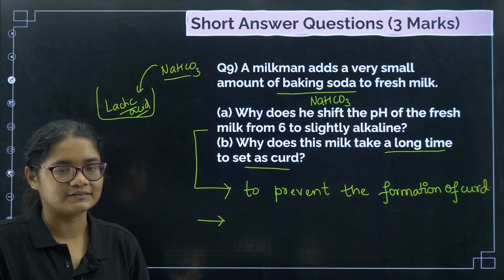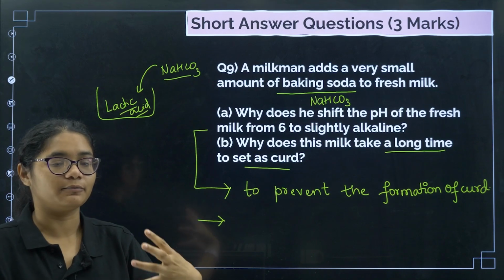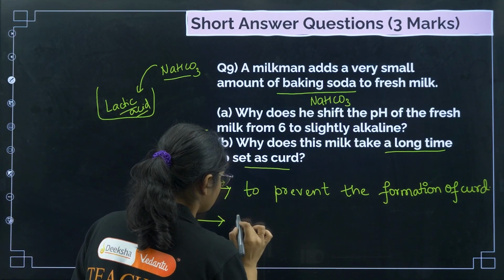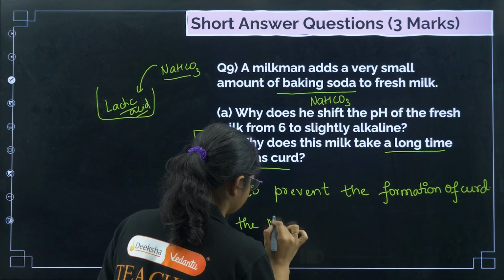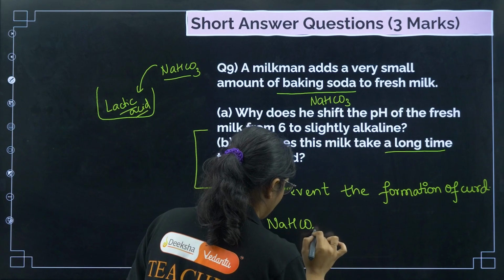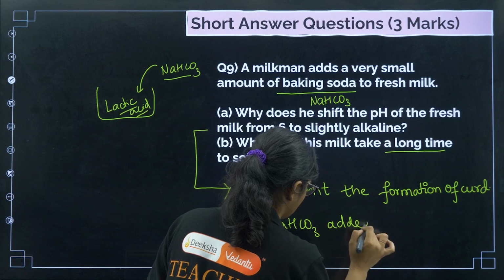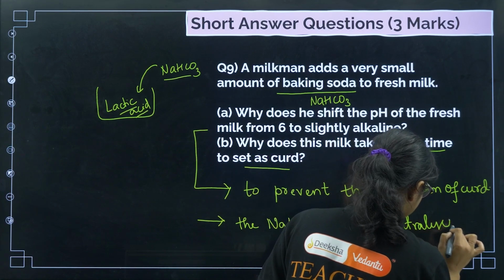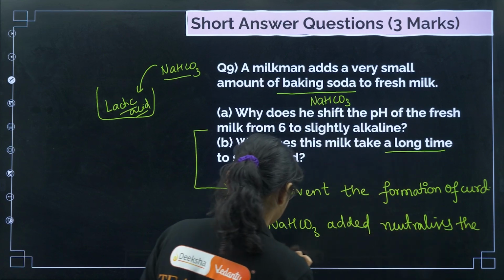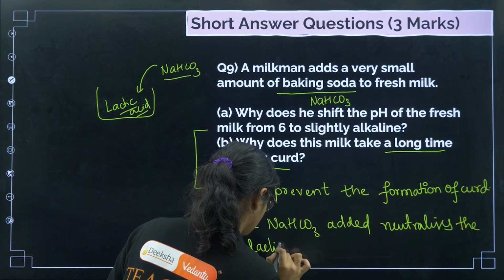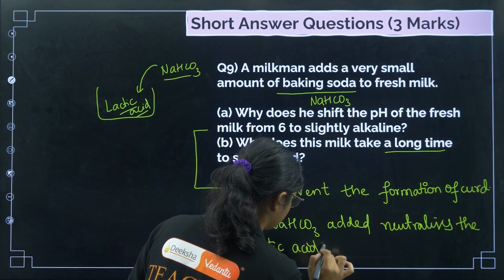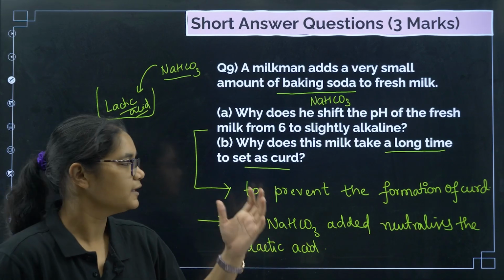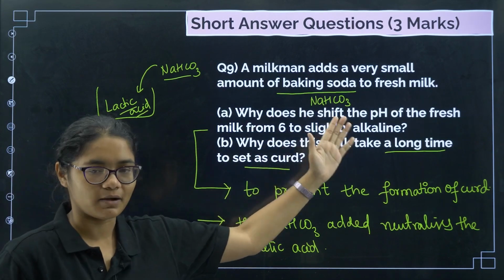There is no more lactic acid, so that is why the curd formation will be delayed. Okay, so you have to write here, the NaHCO3 added neutralizes the lactic acid present in milk, and that is why the curd formation is prevented. Okay, so just you have to write 2 points, 3 marks you will get.